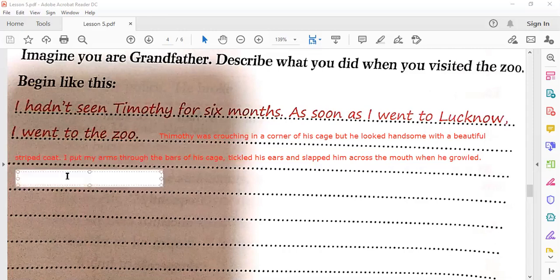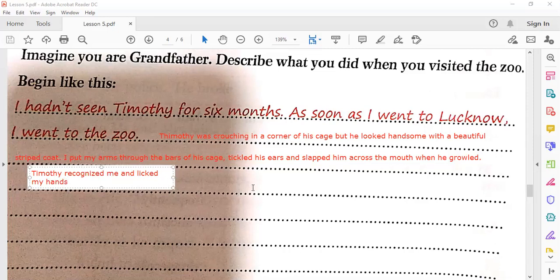Timothy recognized me and licked my hands.